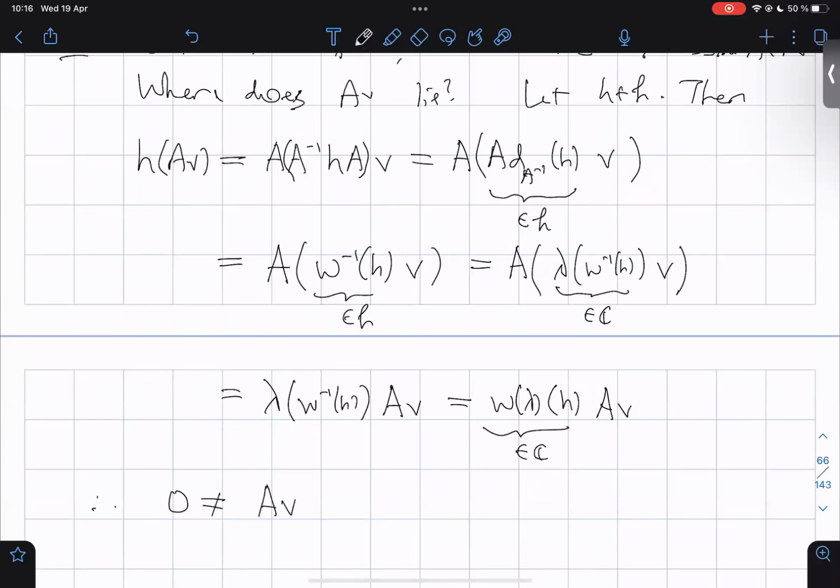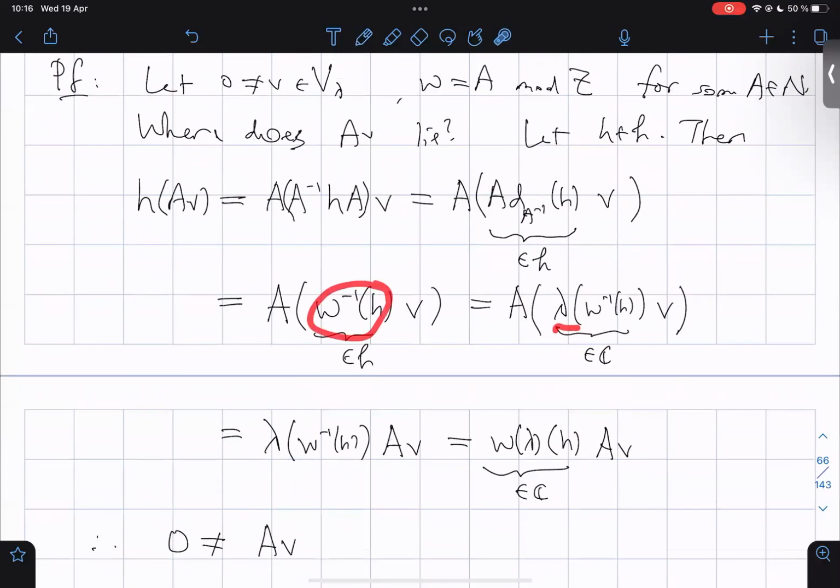Where does the lambda come from? Here. So this is an element of H, right? This is a weight vector. By definition, being a weight vector says that elements of H act by a scaling, by which number you take lambda and then you evaluate it on the input.